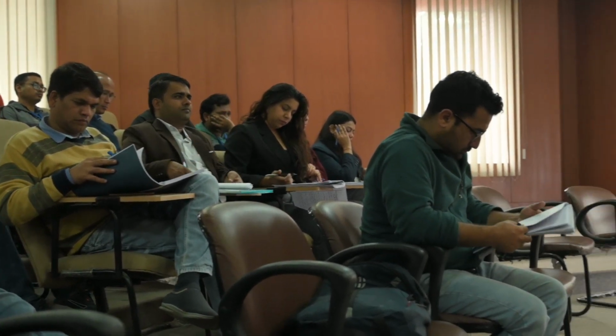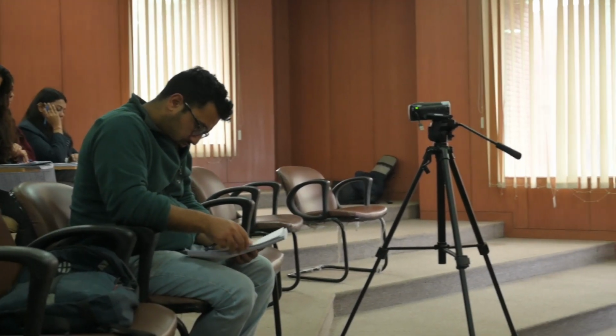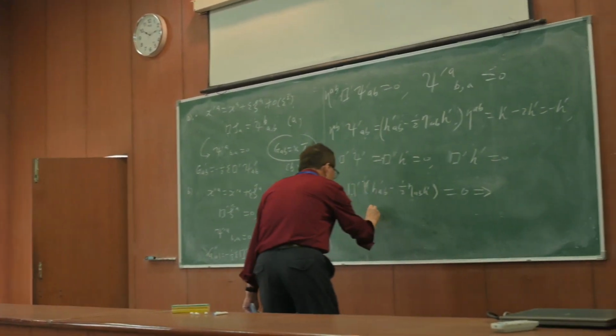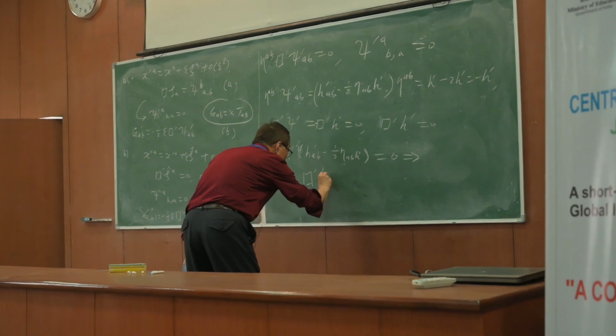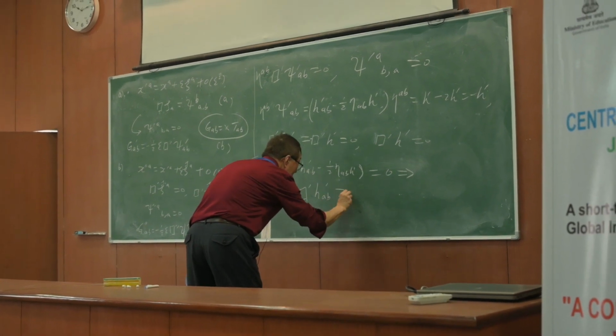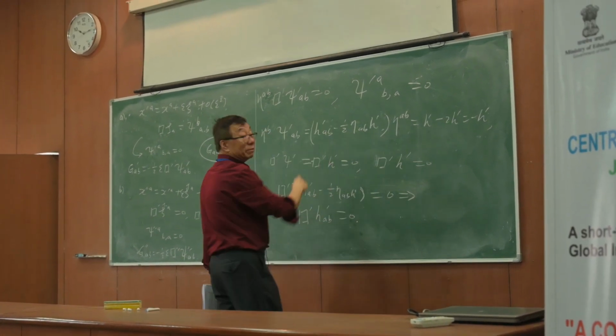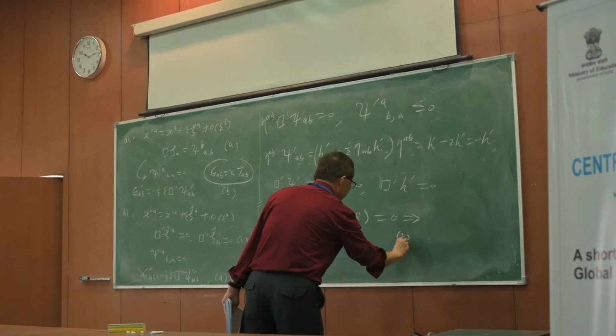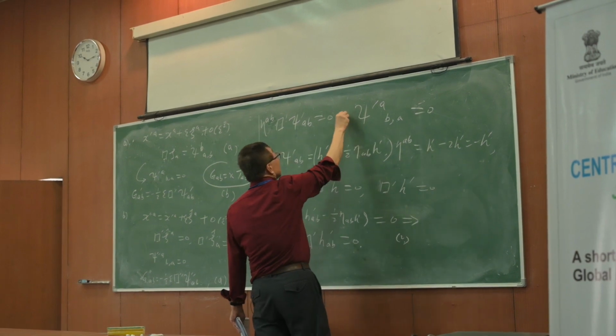And if this is the case, prime phi AB equals H AB prime minus half E AB prime is equal to 0. So I get this equation. Let's call this equation 2, this equation 1.